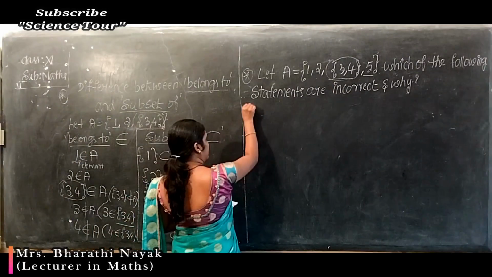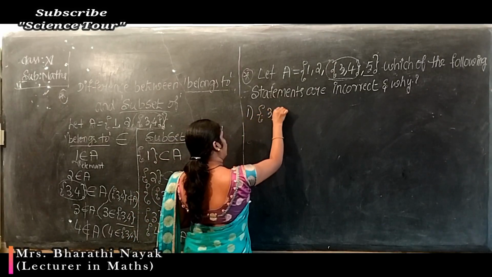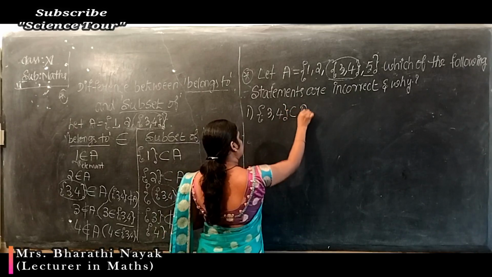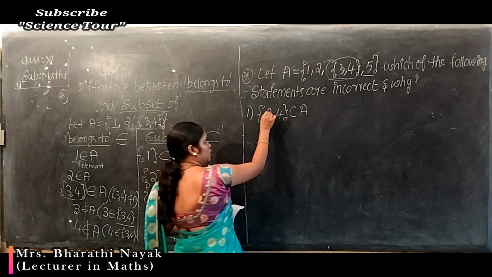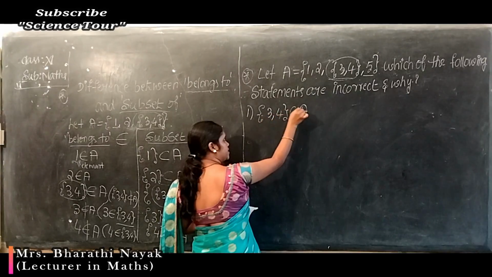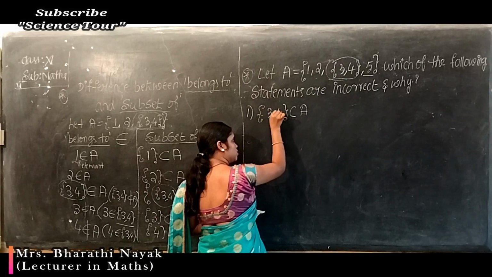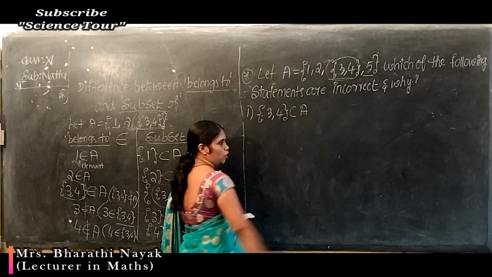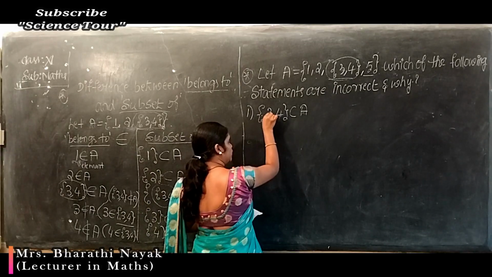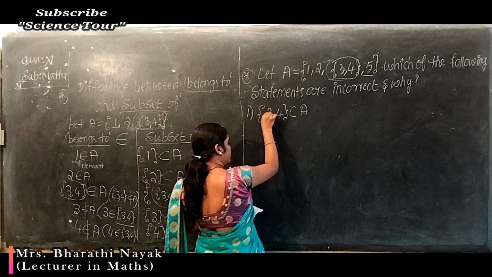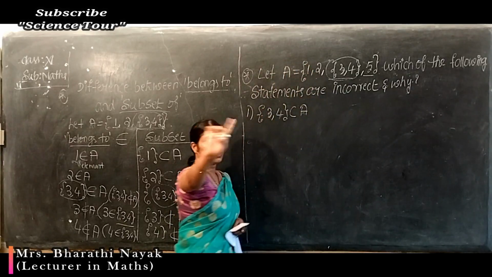The first one I'll consider: the set containing 3, 4 is a subset of A. To say this is a subset of A, these two elements, 3 as well as 4, must be in set A. Check it out. The first element is 3. Is this 3 an element of this set A?